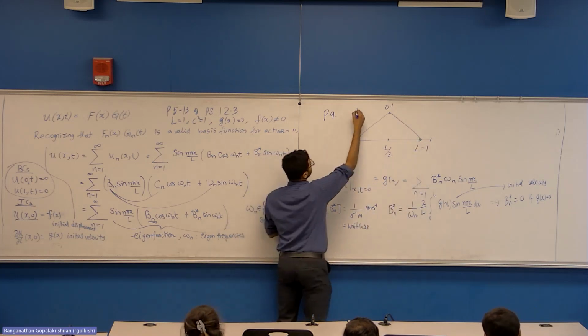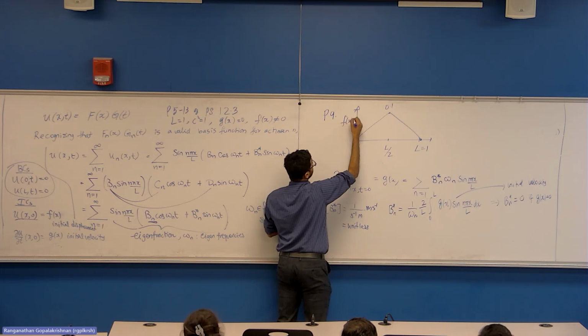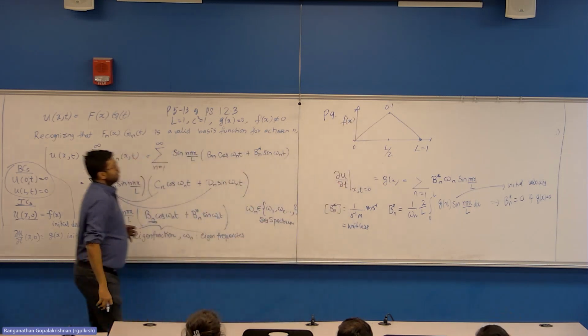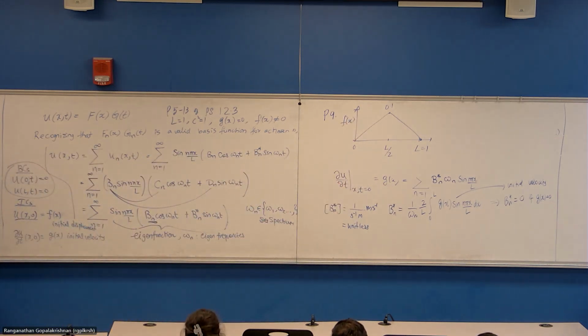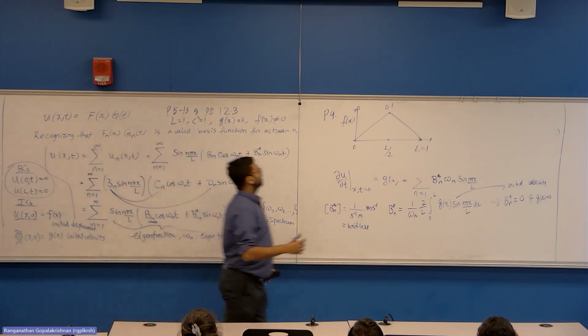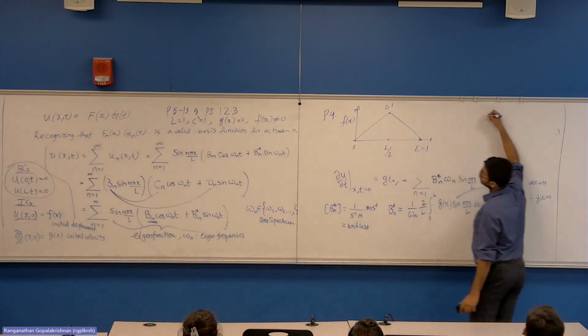So this is the initial displacement f of x. How would we represent this as a function?